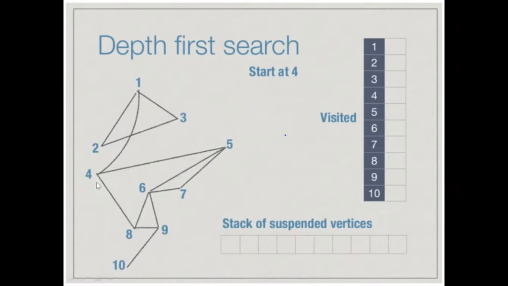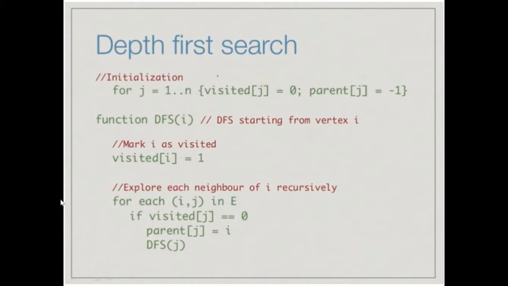So 4 comma 1, 4 comma 5, and 4 comma 8 are the possible ones. If any one of them has already been explored, we will not go inside the conditional statement. So if any of the visited is not equal to 0, we will not go inside this conditional block. I will go back to the for loop.